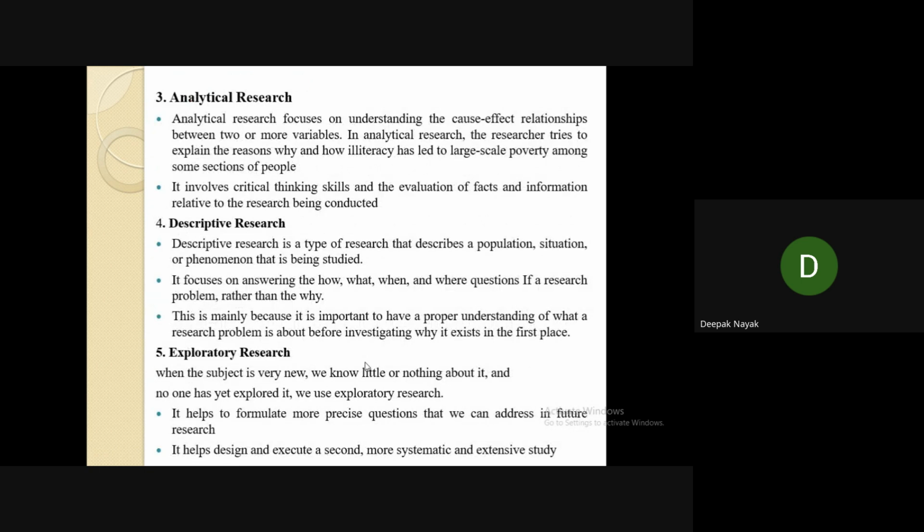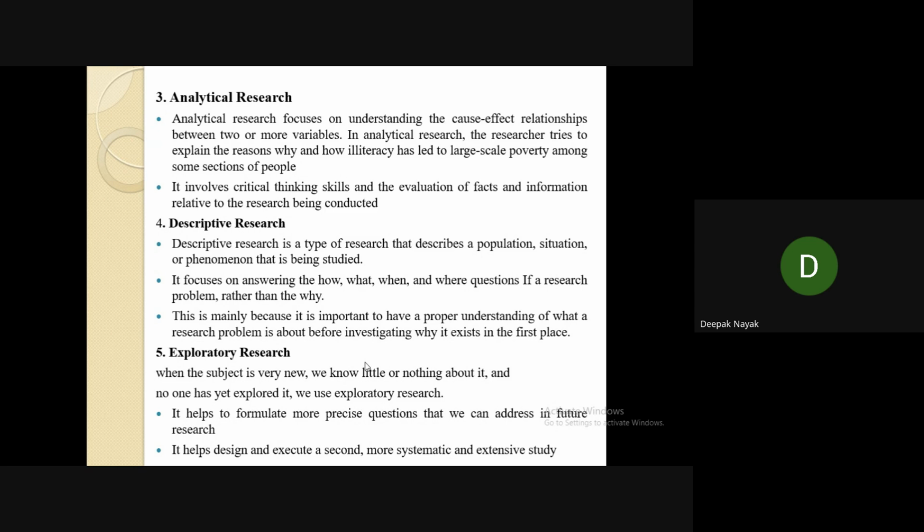Then the third kind of research, of course, can go under applied research, or it can also be fundamental research. But in simple typology, it is analytical research, and analytical research is put forth in comparison with descriptive research.